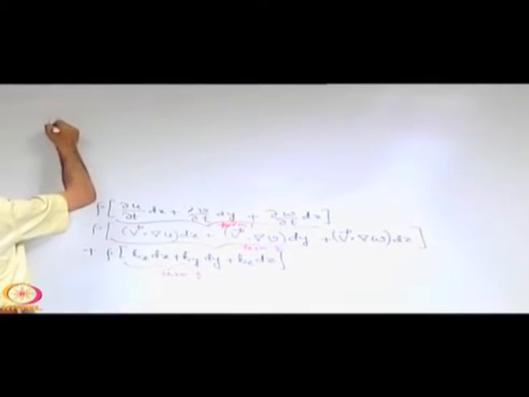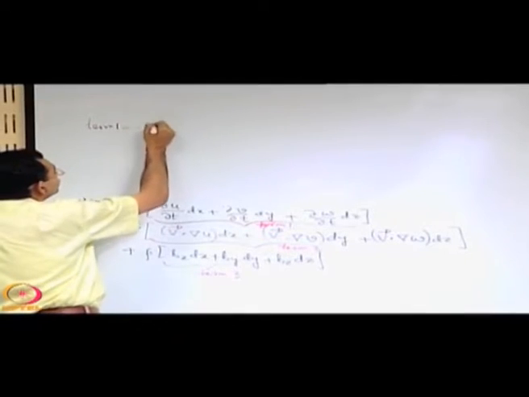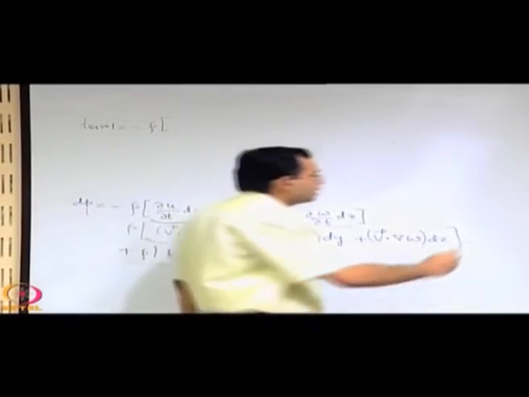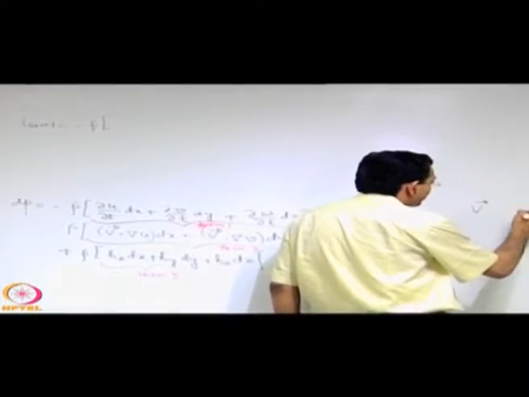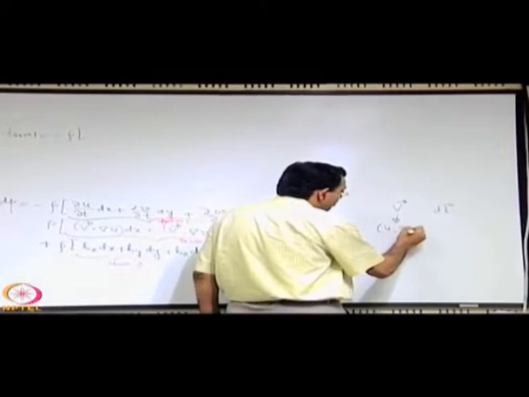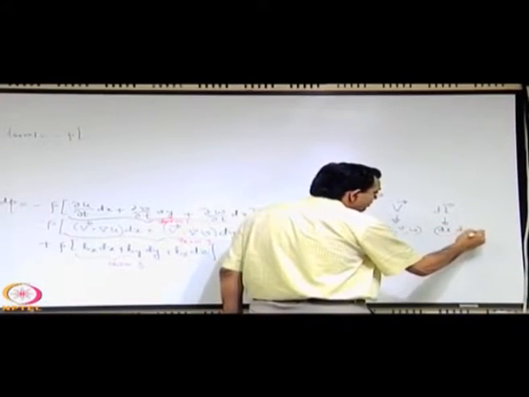So term 1 is minus rho. Now, can you write it in terms of the 2 vectors v and dl? Remember, v has components u, v, w, and dl has components dx, dy, dz.